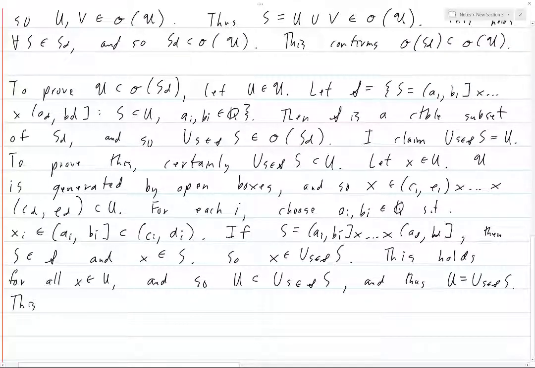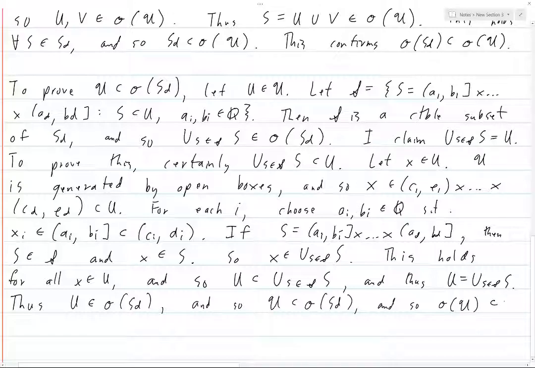So what does this prove? This proves that U is an element of the sigma field, because we've proven that the union of all the elements of S is an element of the sigma field generated by S_D. And so U is an element of the sigma field generated by S_D, and this holds for every single U in the set script U. And so the sigma field generated by U is contained in the sigma field generated by S_D.